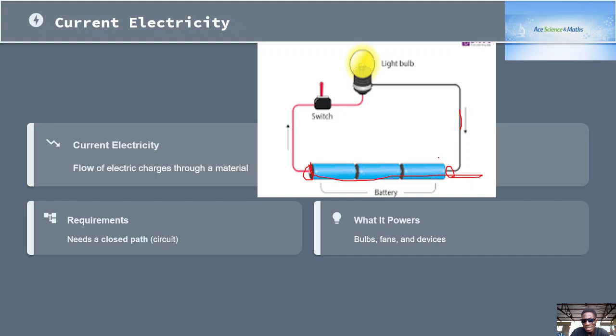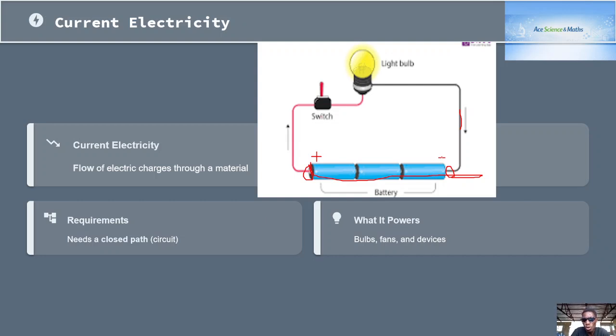The negative is minus, and the positive is plus. Electrons flow from the negative terminal through the wire and return to the positive terminal, and this flow helps to light the bulb that we can see here.